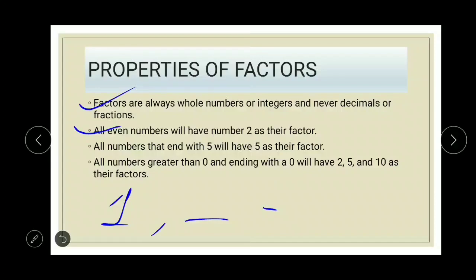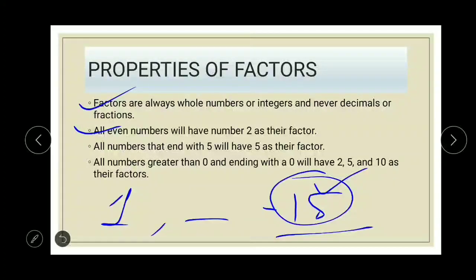All the even numbers will have the number 2 as their factor. If we talk about the number 15, we have to know that 15 will always be divisible by 5 because it has 5 at its unit place.